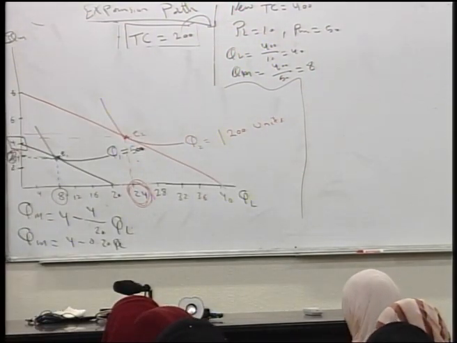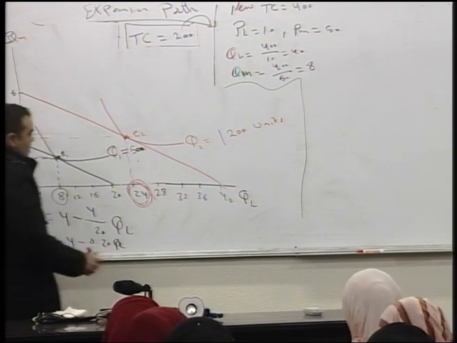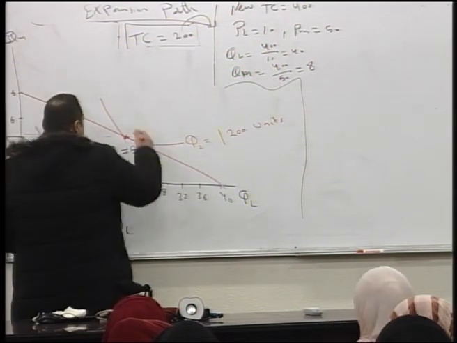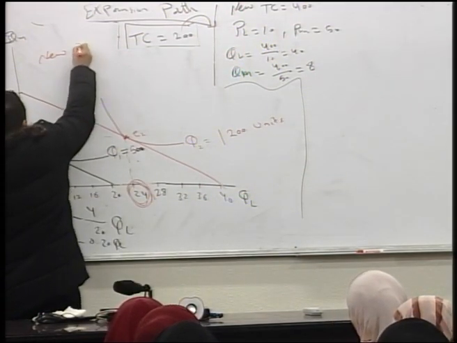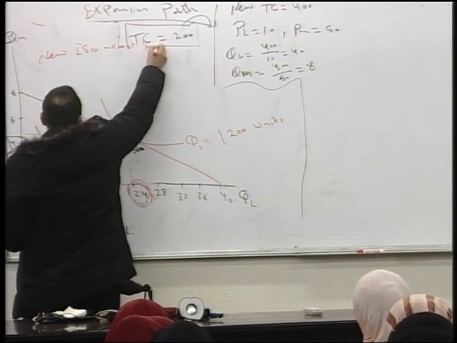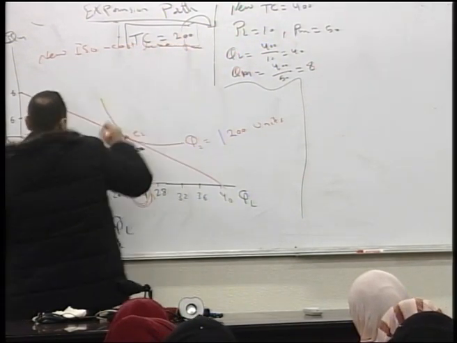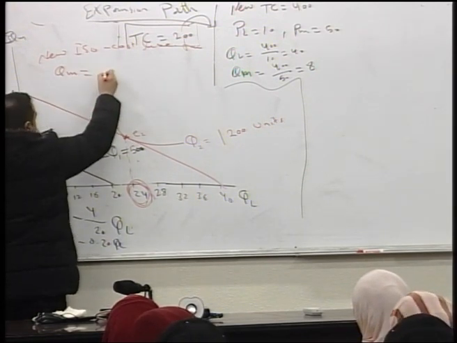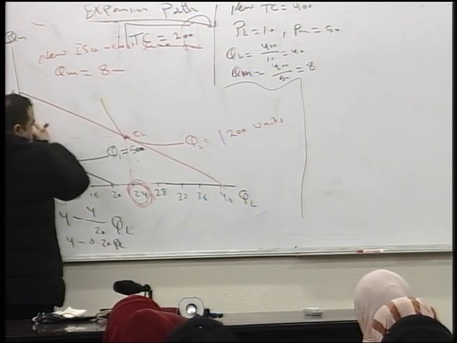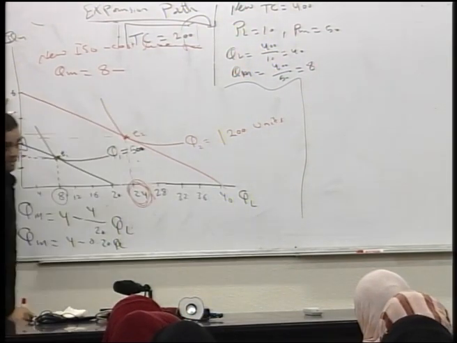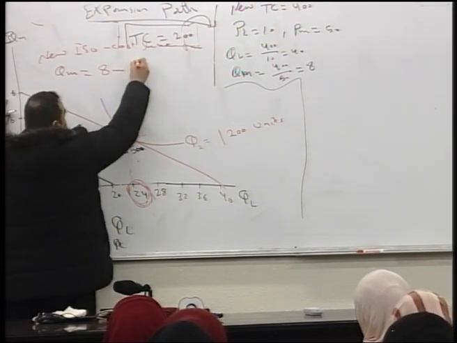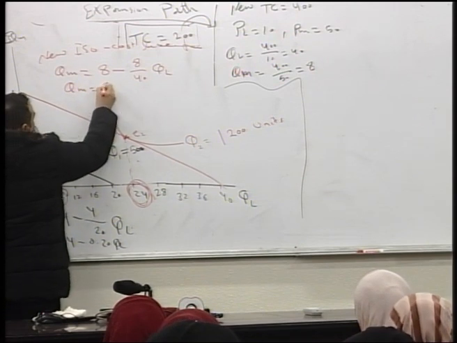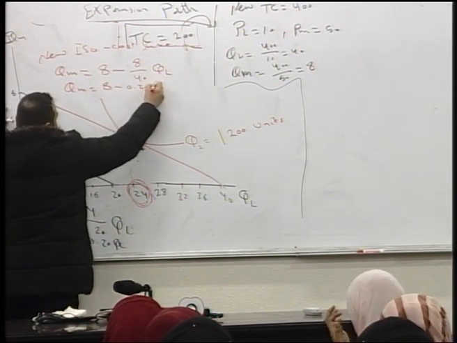So here we have to derive the new isocost formula. QM equals 8 minus 8 over 40 QL. So QM equals 8 minus 0.20 QL.